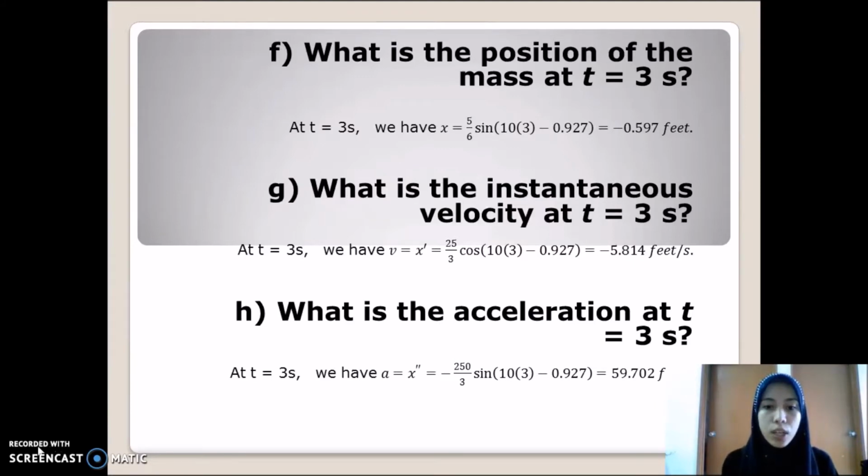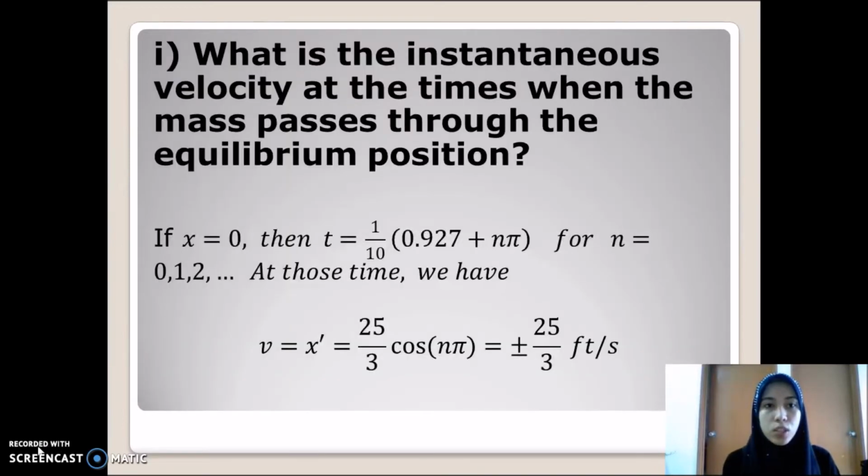And for H, what is the acceleration when t is equal to 3 seconds? We also have the acceleration formula here. When we put all the information together, the answer is 59.702 feet per second squared. Moving to another question, what is the instantaneous velocity at the times when the mass passes through the equilibrium position?